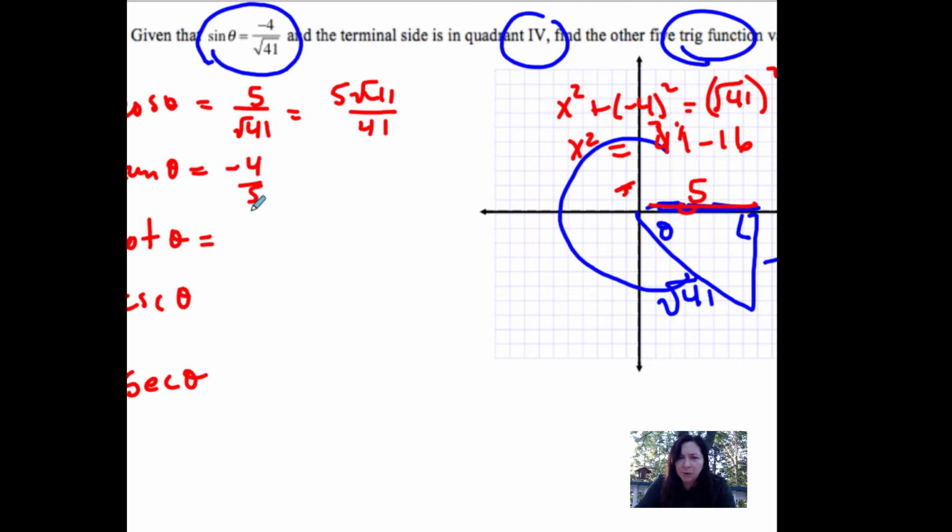Cotangent is the reciprocal of tangent, so that'll be -5 over 4. Cosecant is the reciprocal of sine, so that's root 41 over -4. And the reciprocal of cosine is going to be root 41 over 5.